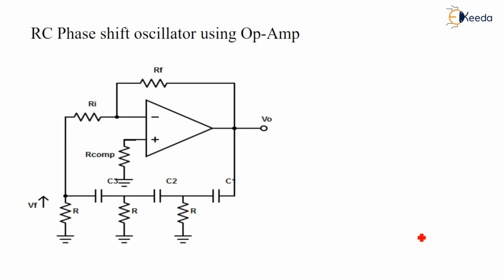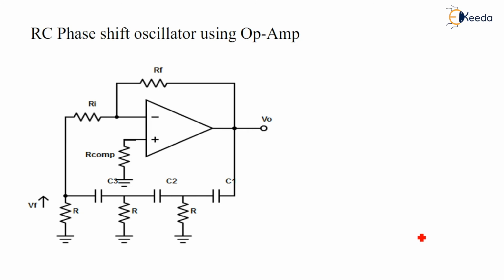So this is the RC phase shift oscillator using op-amp. We know the basic blocks of any oscillator are the amplifier network and the feedback network. This feedback network is also called the tank network. This tank network is classified into RC or LC.